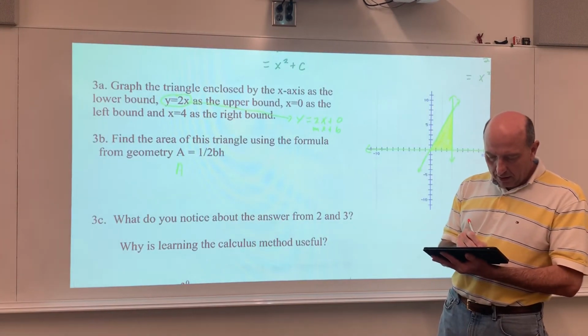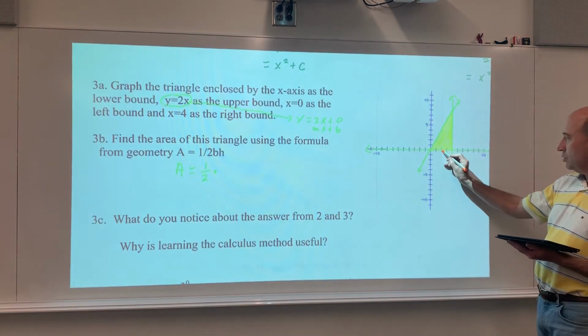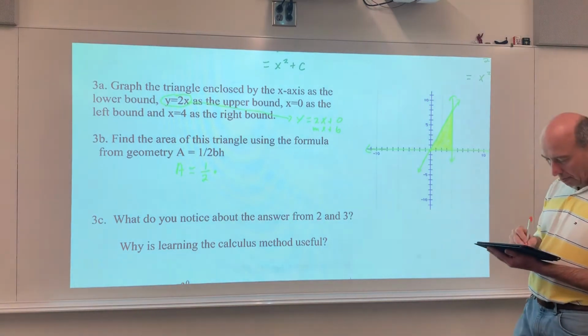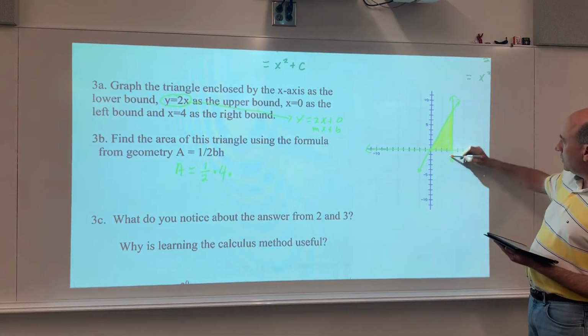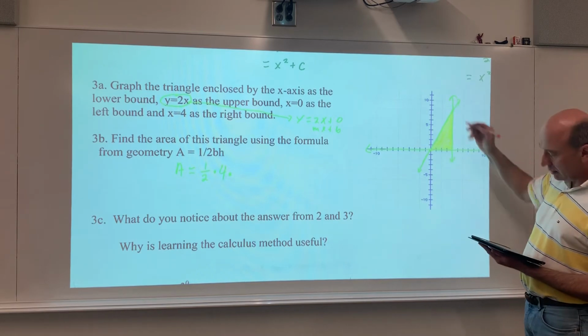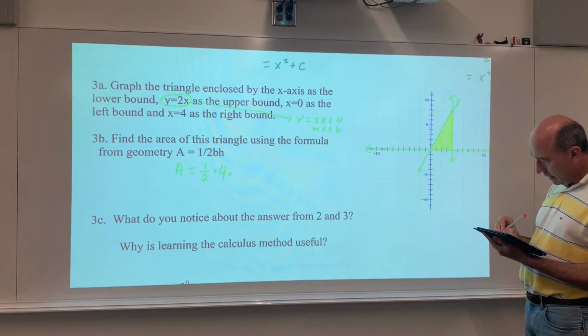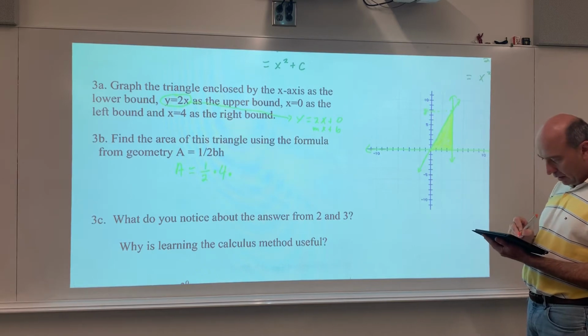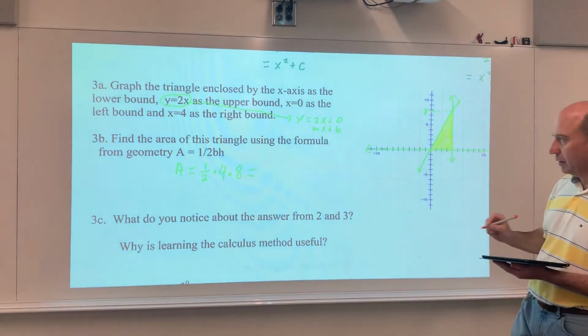Okay, the area of this triangle is 1/2 times the length of the base, which is 1, 2, 3, 4, times the height, which is, let's see, it looks like the height is 8. 1/2 times 4 times 8. Find the area of the triangle.